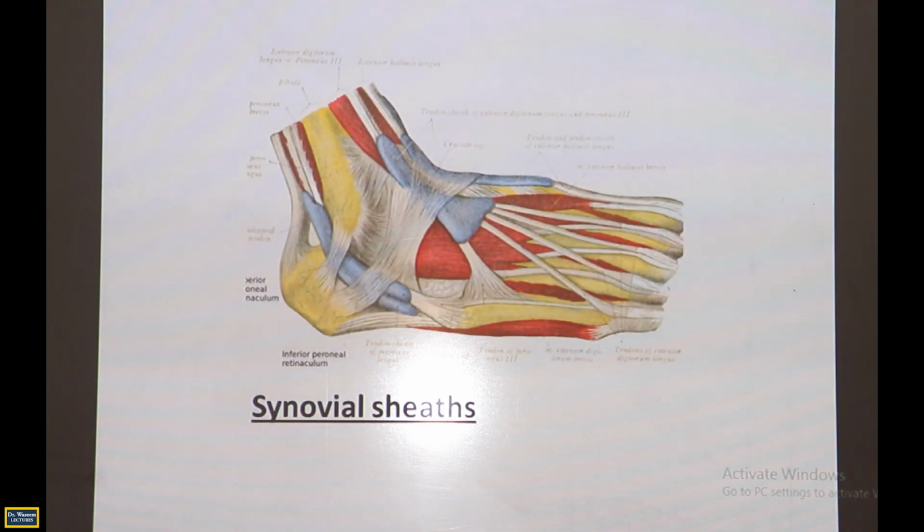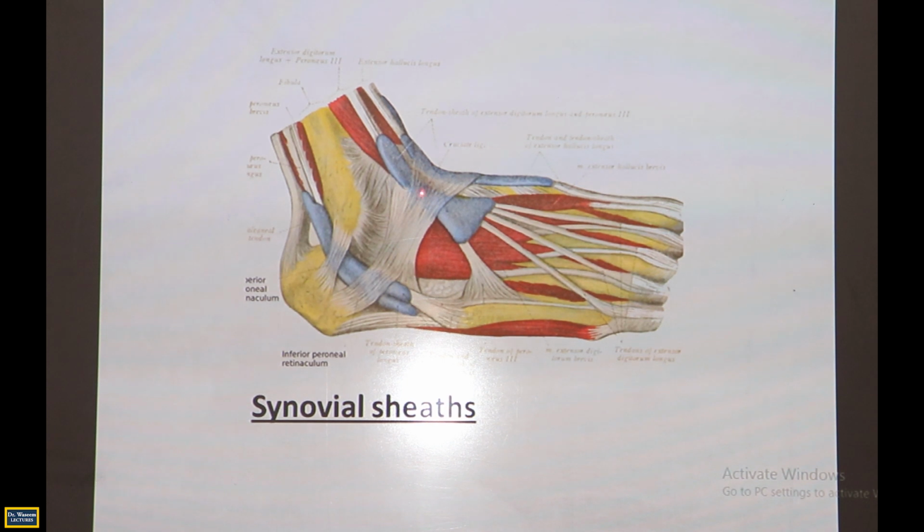Not only this, but at the same time you see when the long tendons were passing under the retinacula, to minimize the friction, nature has provided another fascial covering that contains fluid inside. This is called the synovial fluid, and these coverings are called the synovial sheaths. So, all the tendons, especially those crossing the ankle, which are passing under the various retinacula and various compartment muscles.